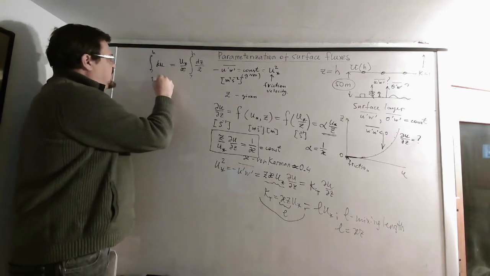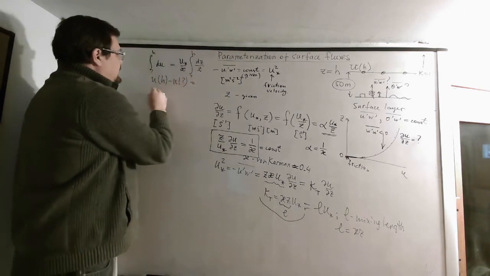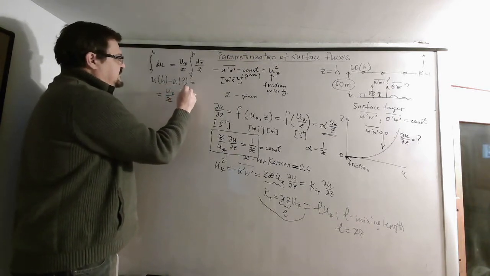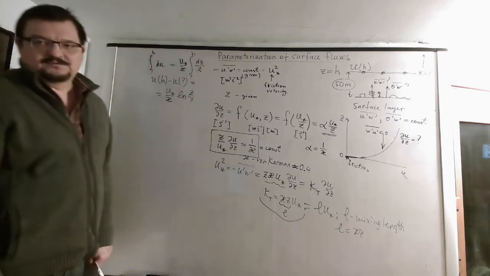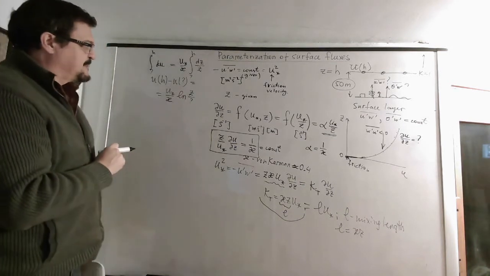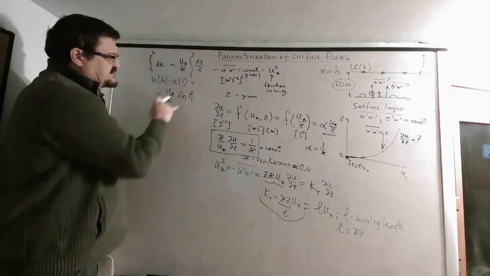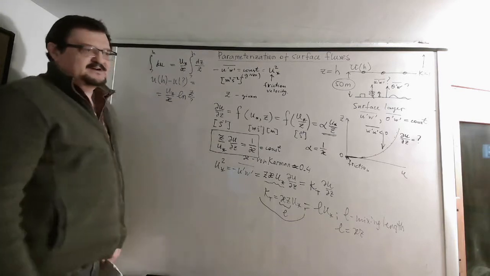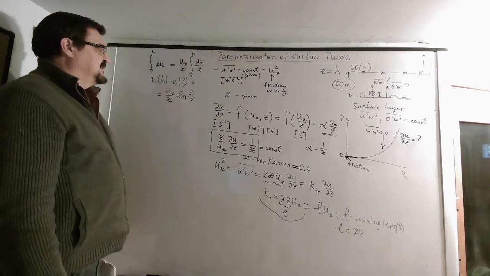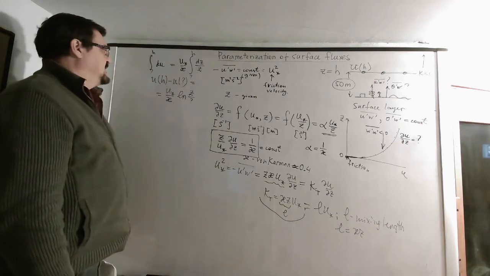So we have u at h minus u at this unknown height equals u star over kappa times the logarithm of z over the unknown. Now if this question mark is 0, obviously you have a problem. This one is infinity, and the log becomes undefined.